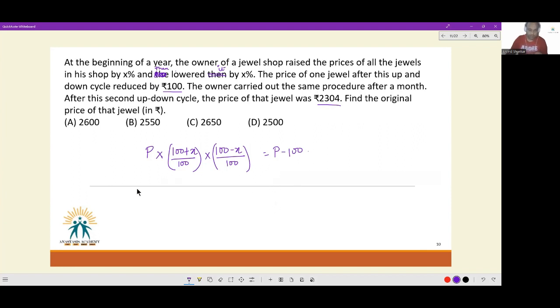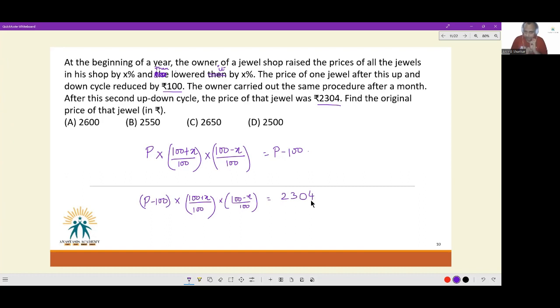Now, when this happens the second time, the original price is this now. Again, increased by 100 plus X, then decreased by 100 minus X, and we arrive at 2304.